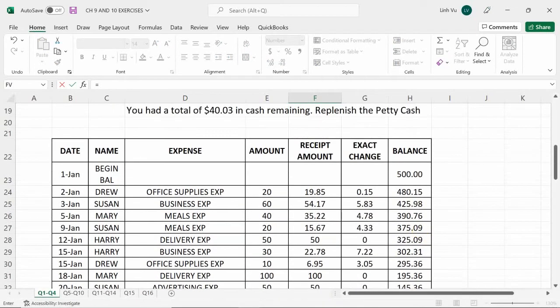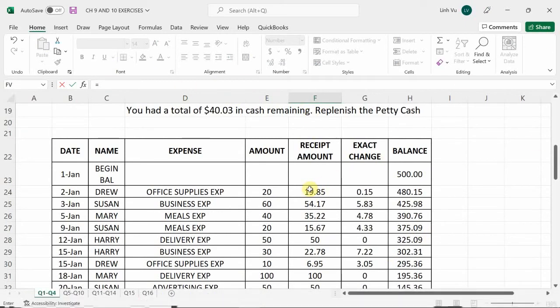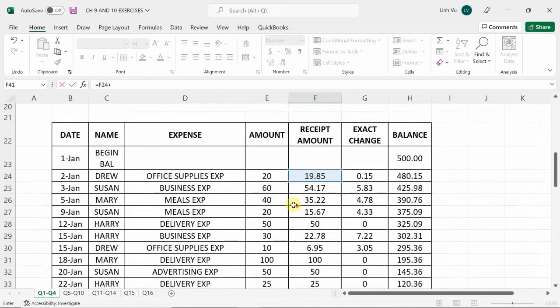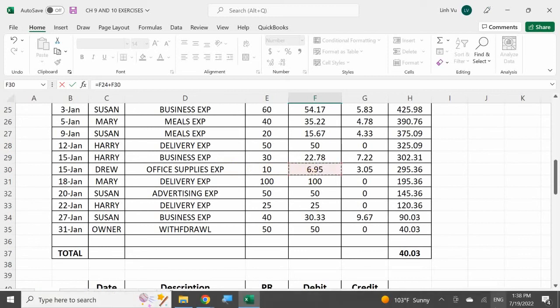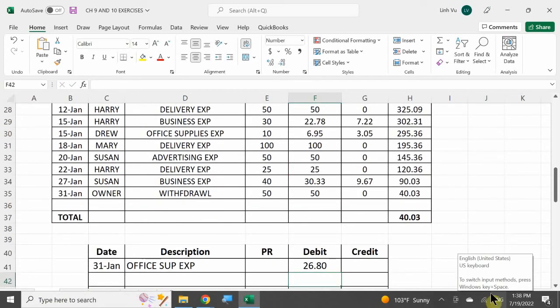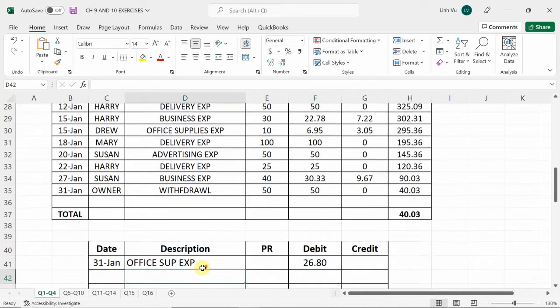We got one for $19.85. You used the receipts, not the money that you took out, right? Yes, I took the receipt amount. So you got $19.85 here, and you have another office supplies expense right here for $6.95. And that is it for $26.80. Good. What's the next account?